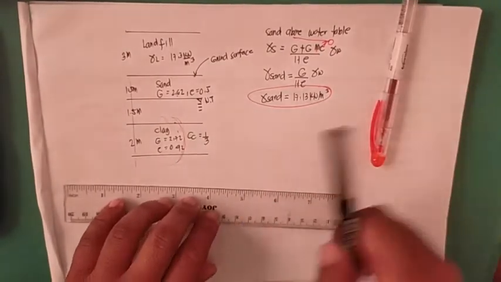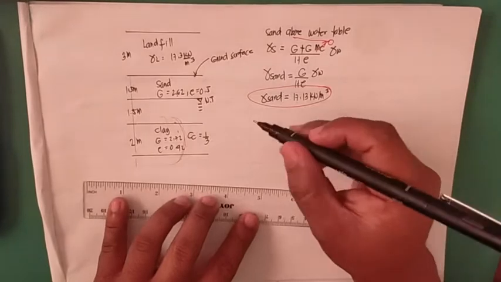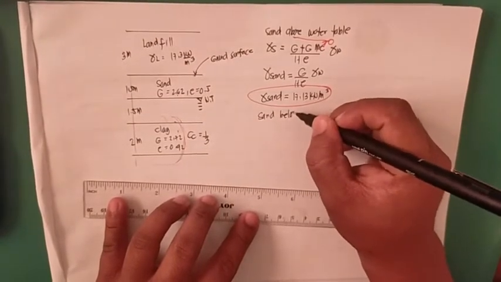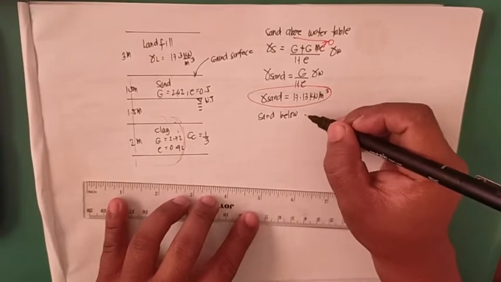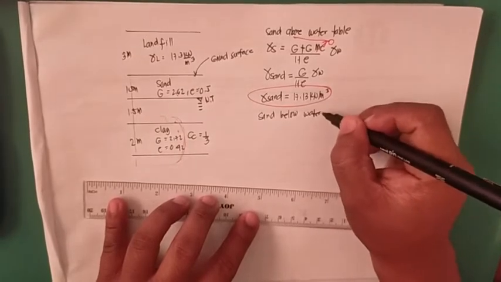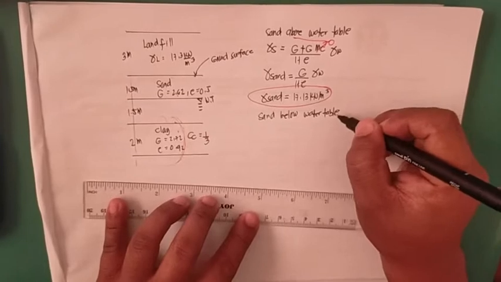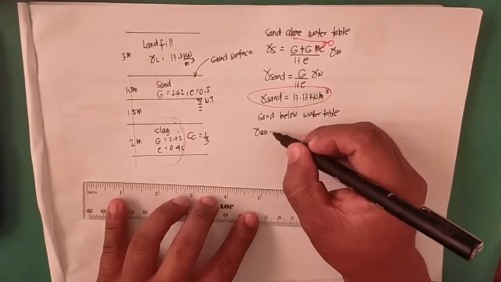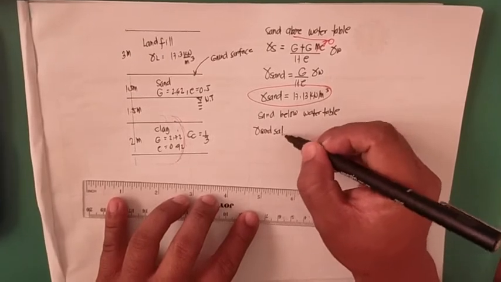So now, let's compute the sand below water table, or we can call it gamma sand saturated.